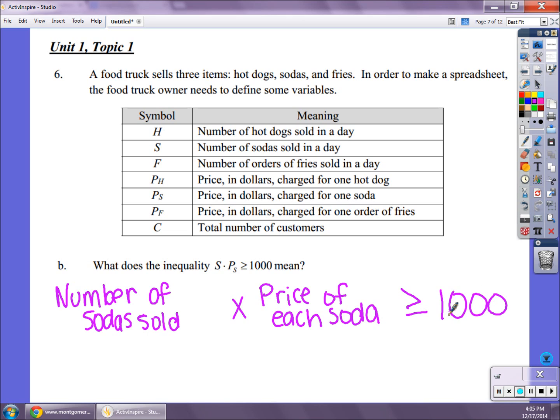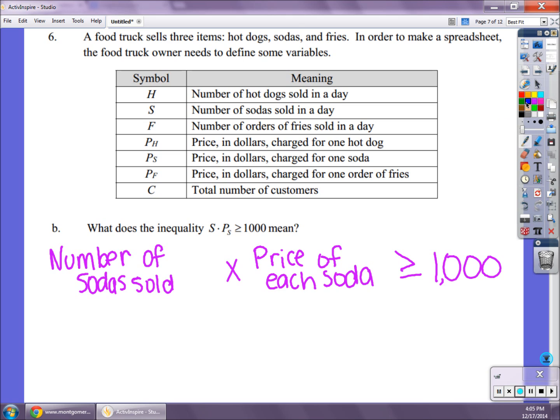So what's really going on here? The number of sodas sold times the price of each soda. Let's think of that in a real world context. And I just want you to listen here while I give us some examples. So let's say I sold 100 sodas and I multiply it times the price of each soda. Let's say each soda is $2.